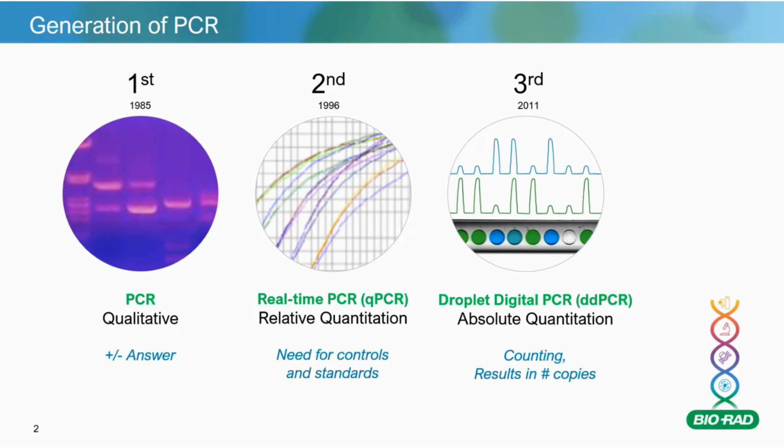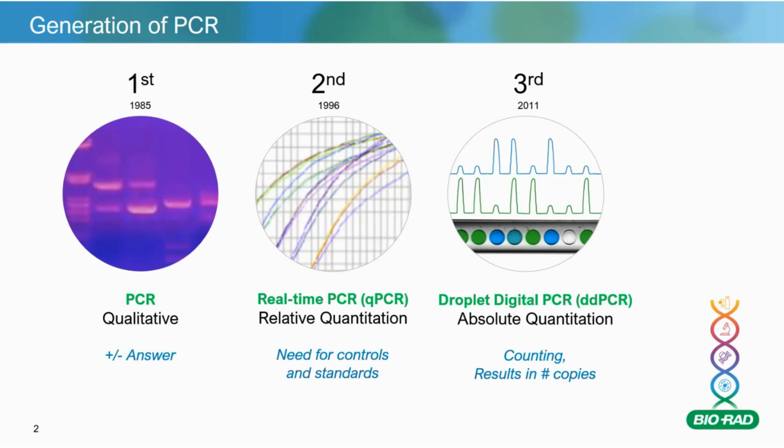Then we've got the second type of PCR, which became very popular in recent years, especially with COVID, which is real-time PCR. The difference between real-time PCR and endpoint PCR is obviously the fluorescence addition. The fluorescence is the method of detecting your amplicons of interest.